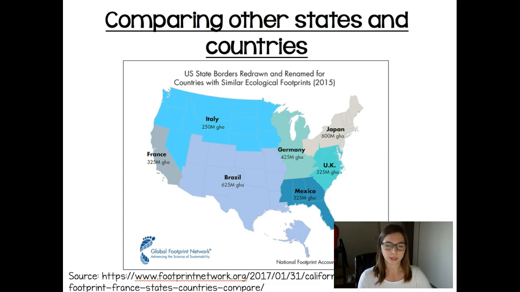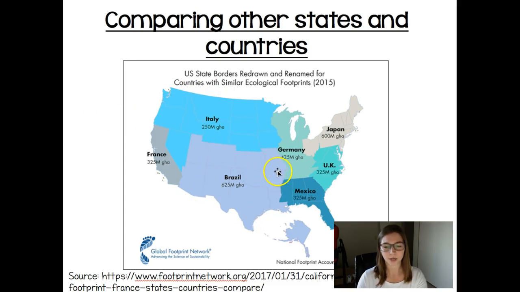So just a quick look at this graph, or this image, comparing other states to countries. So based on the 2015 report, this image was found on Global Footprint Network. So California alone has the same ecological footprint as France does. And as we see around the top here, all these states are the same as Italy.